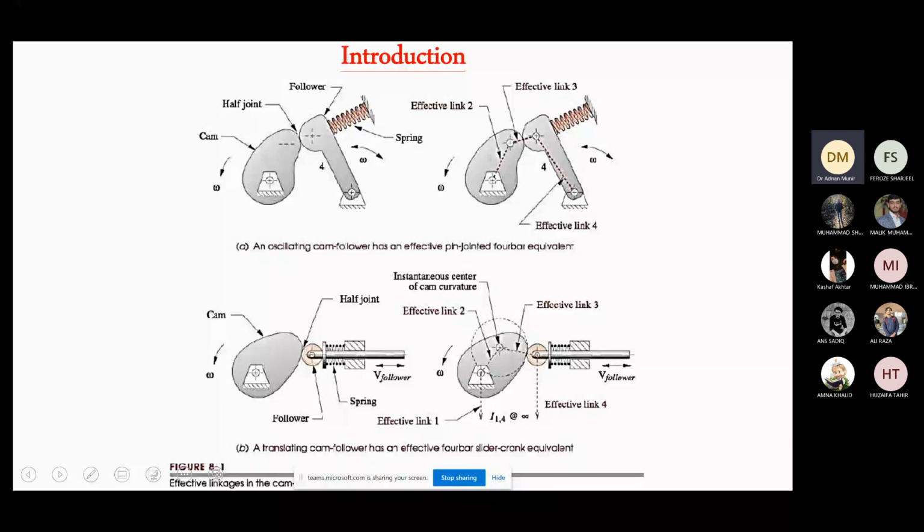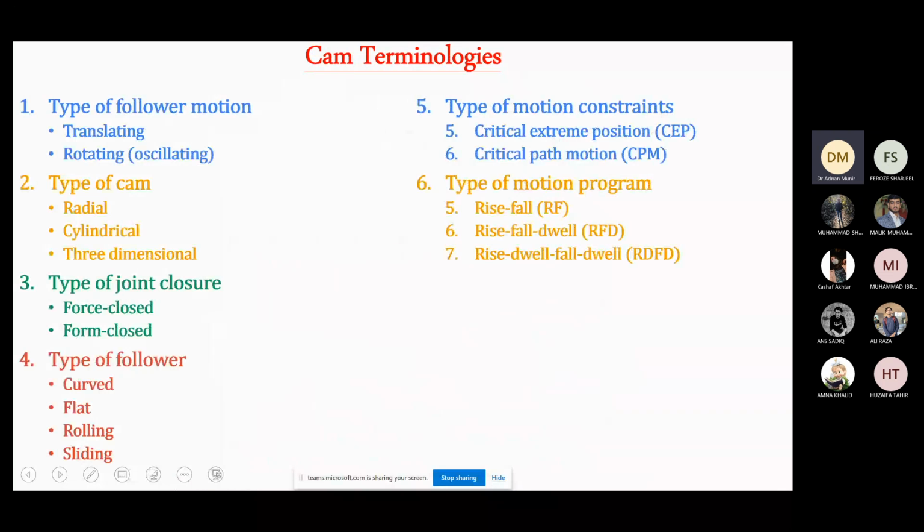So you can see a cam here. Sorry, I don't know. Just give me a second.